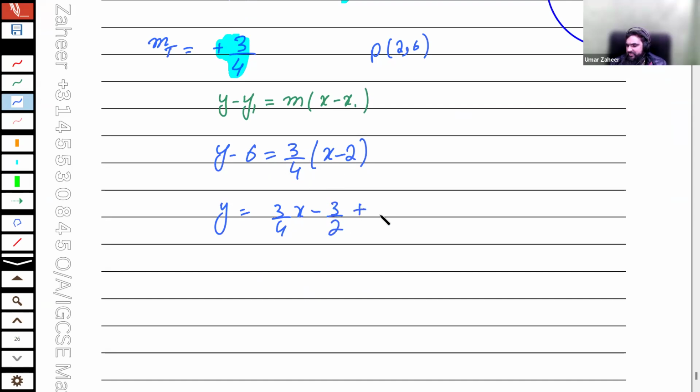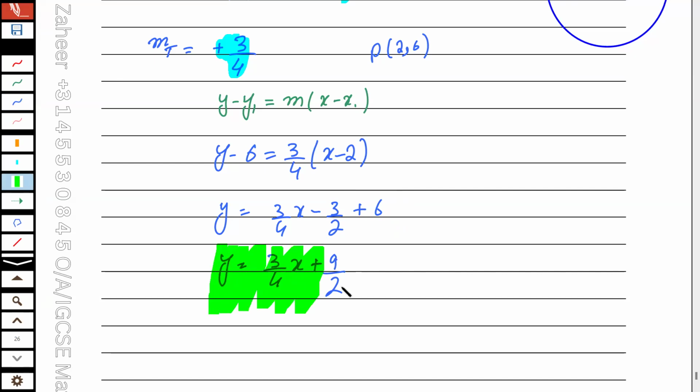On the other side, plus 6. So y equals 3 over 4 x minus 3 over 2 plus 6. Two times 6 is 12, 12 minus 3 is 9 over 2. Please check it: it is minus 3 over 2 plus 6, which is plus 9 over 2.